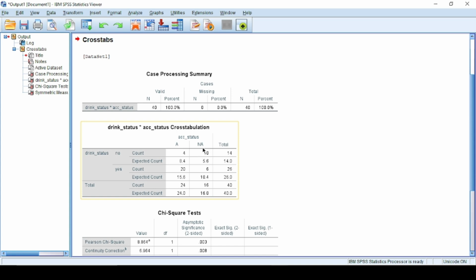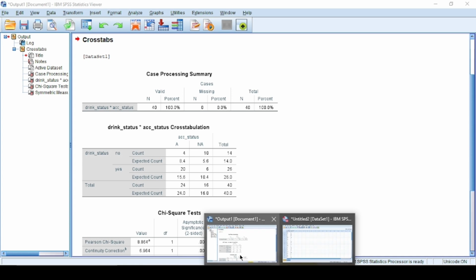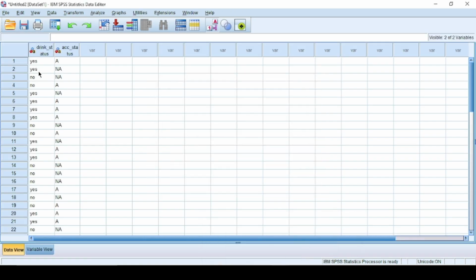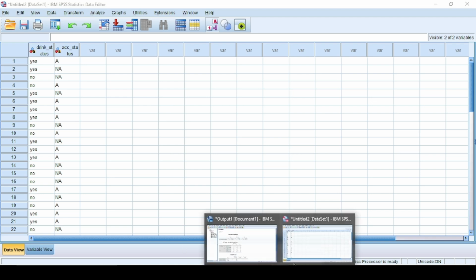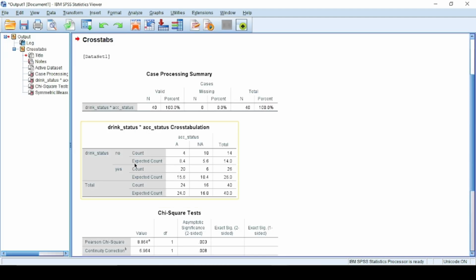This is the observed value. So this correlates with the data that we have fed here. According to the data, the expected count should have been 8.4 and 5.6, but the actual count that we have observed is 4 and 10.